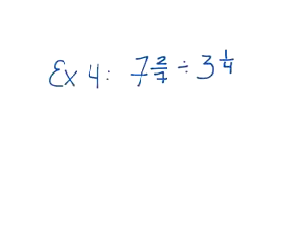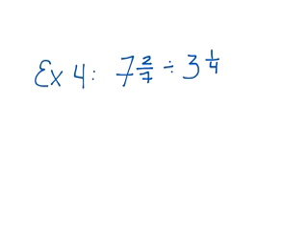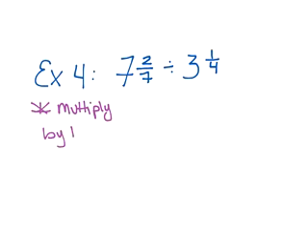Okay guys, last example. Let's go ahead and do this one. This one's division. The only thing new that we are going to have to keep in mind when we're looking at division, guys, is that we don't actually divide fractions. We instead multiply by the reciprocal. Okay, and what is this reciprocal?